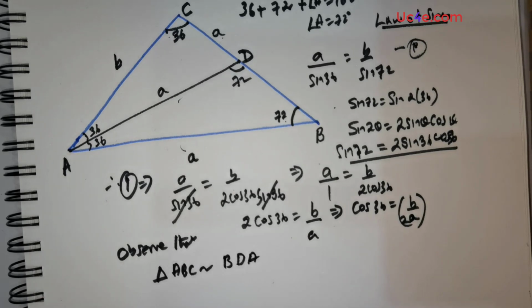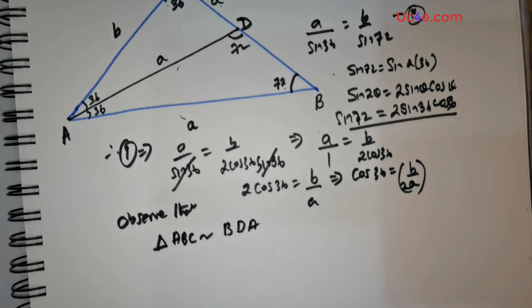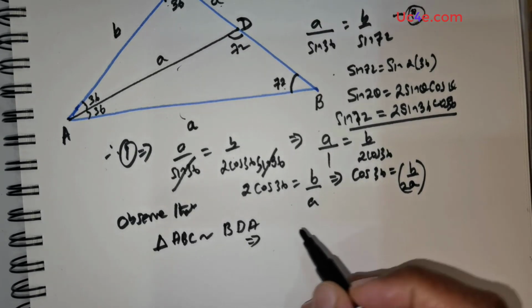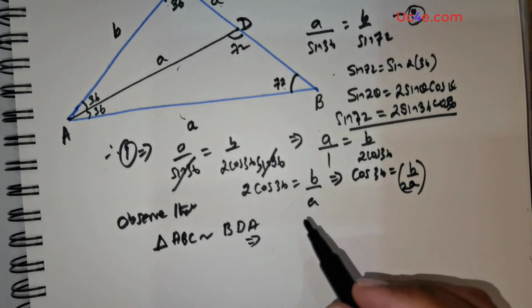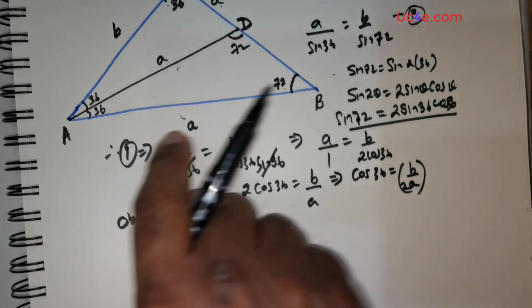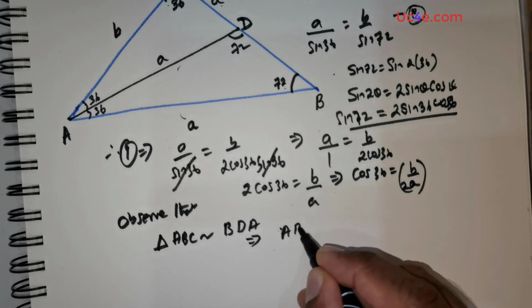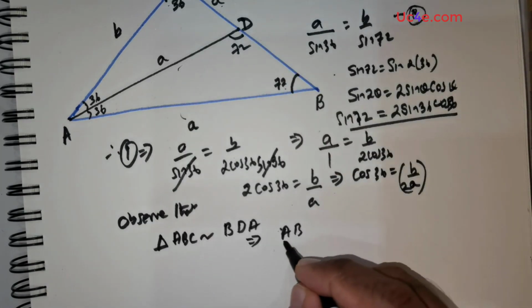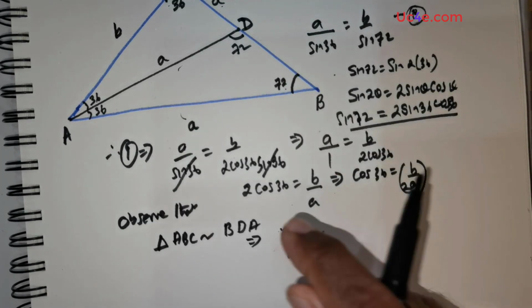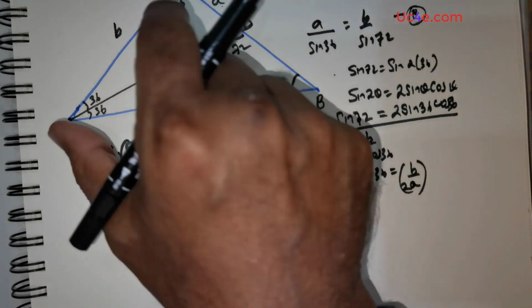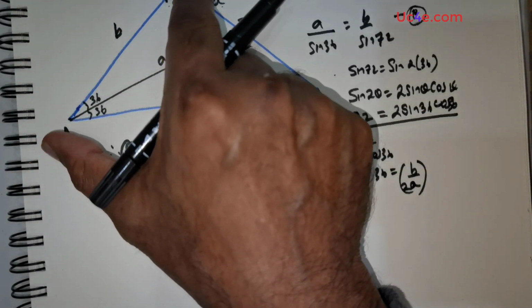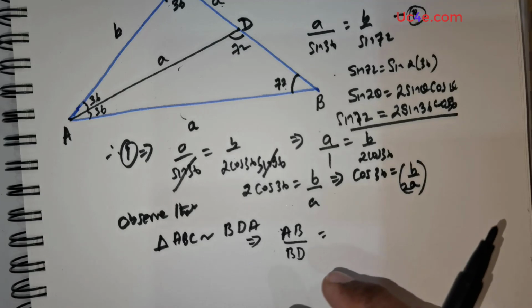So from the law of similar triangles, I can clearly infer, so this means this side, this is the base, right? So base AB, this is another base, divided by BD is equal to, this is the leg, right?